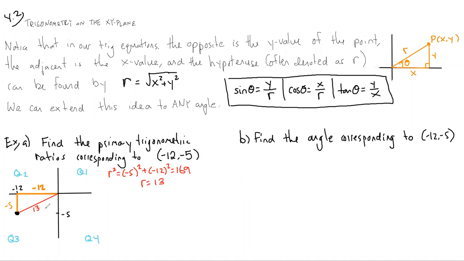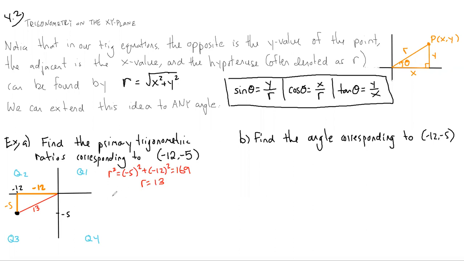And so what we get is this weird looking triangle with negative sides, but they're going to fall in line with sine theta is y over r, cos theta is x over r, and tan theta is y over x. All of that's going to come together if we include signs in our triangle picture here.